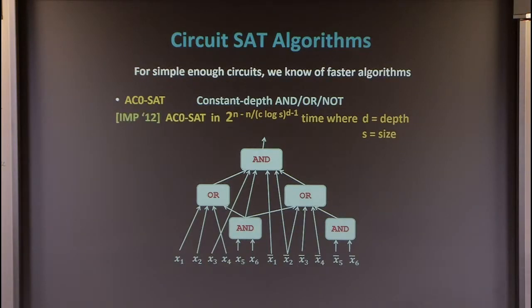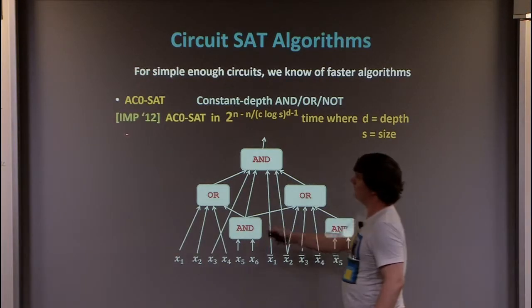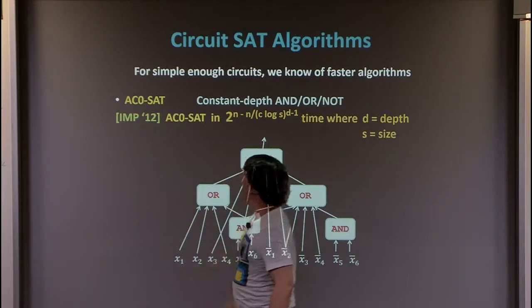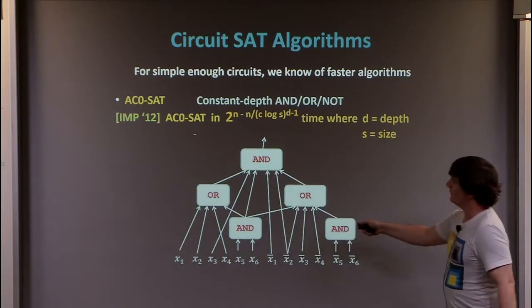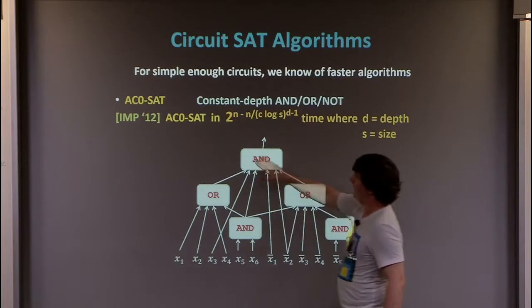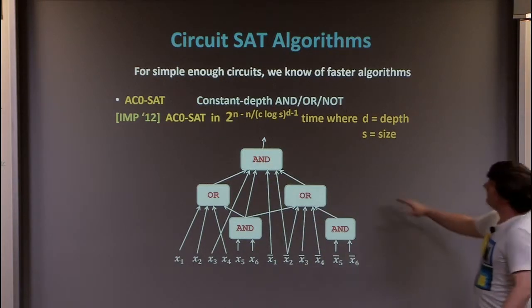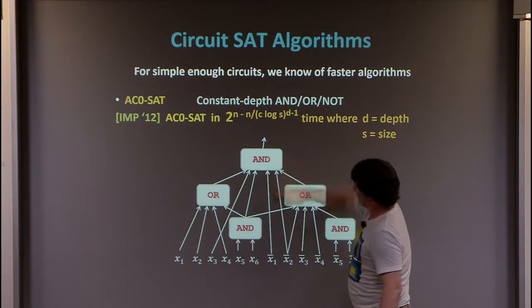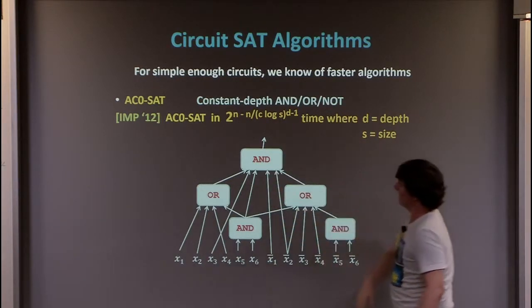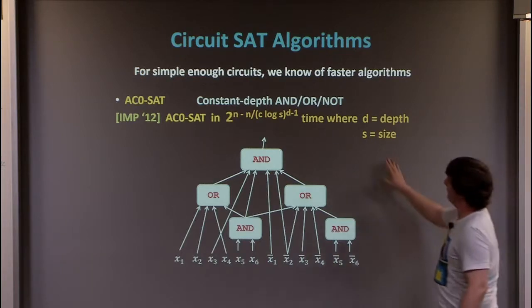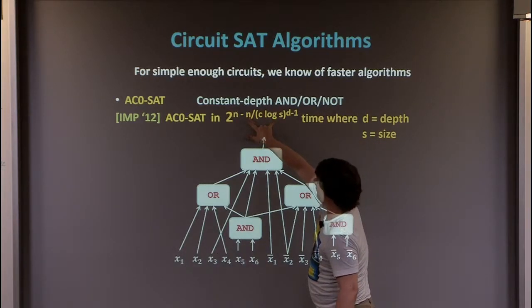Okay, so Russell, Mohan, and William Matthews showed that AC0 SAT can in fact be solved faster. As the depth increases, so as your constant depth increases, your savings gets worse and worse. But you still get some kind of savings over 2 to the n.